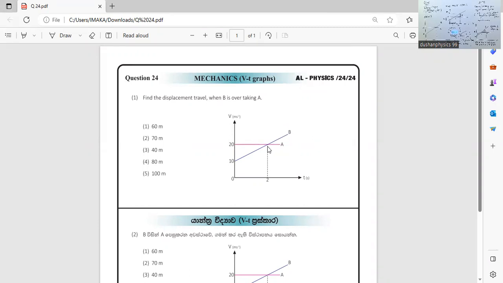What they're asking is, at the intersection point of these two graphs, they have given the time as 2 seconds. When B is overtaking A, what is the displacement they travel?